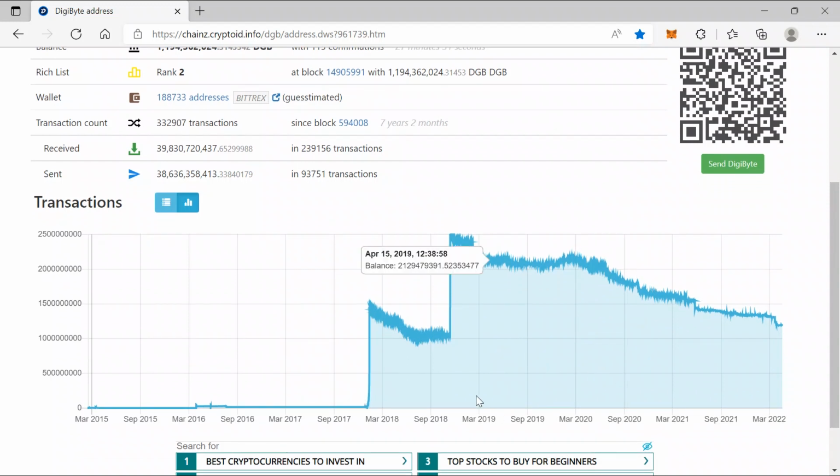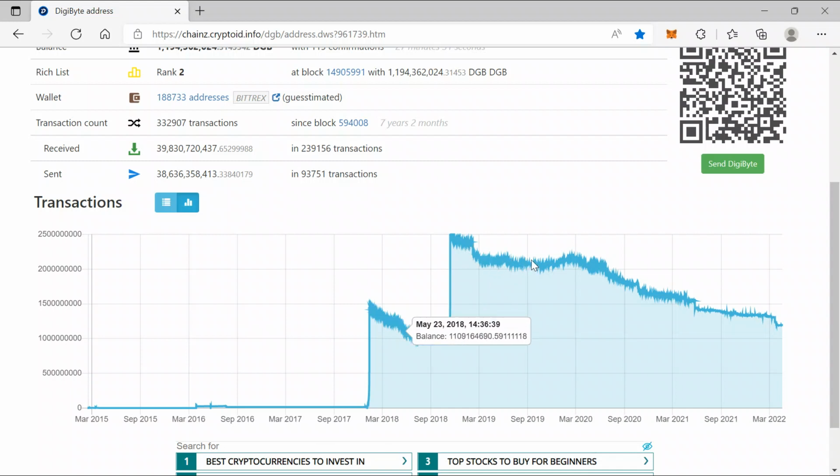Okay, so here we go. Here's the Bittrex hot wallet. Now you can see they've supported Digibyte for much longer than this, but this is when they really started using that hot wallet. And what I want to talk to you about is you can see just how much Digibyte is moving off and on this exchange.